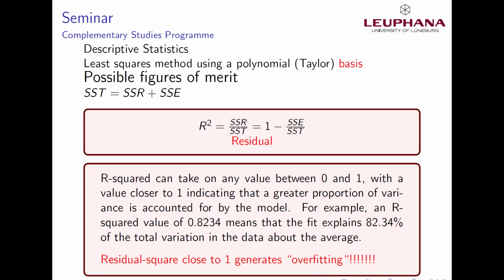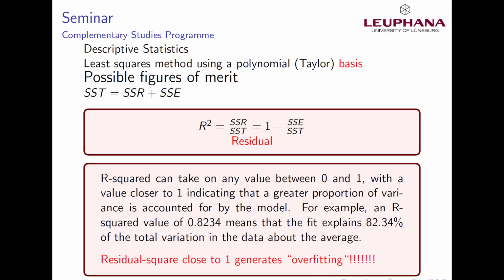Let me see here. The sentence is interesting here at the end. I try to explain. It is written that R squared can take on any value between 0 and 1. I already told you. And then there is a remark I would like to make.